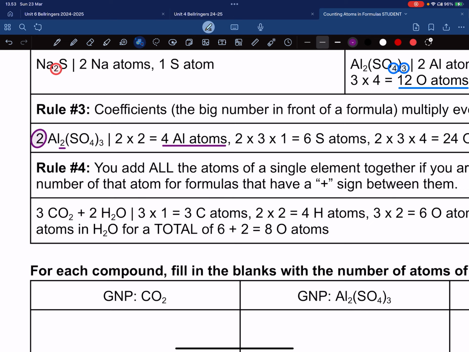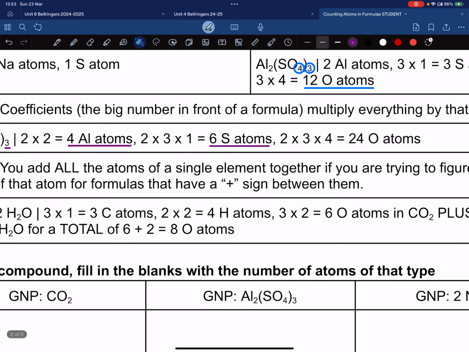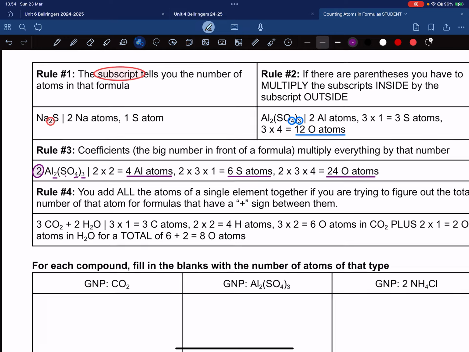For sulfur, we have 3 times 1 is 3 sulfur atoms inside. Multiply that by 2 is going to give you 6 sulfur atoms. And for oxygen, we have 3 times 4 is 12. Multiply that by 2, 24 oxygen atoms.